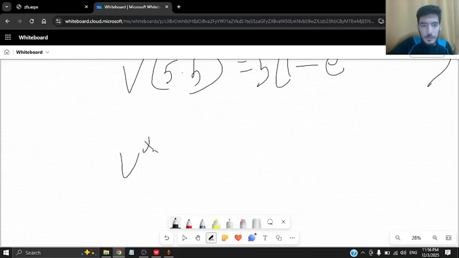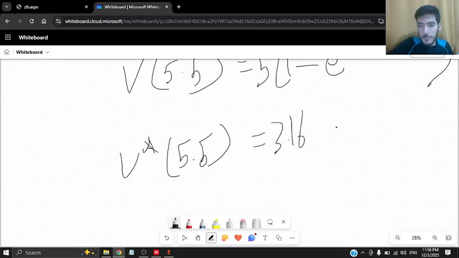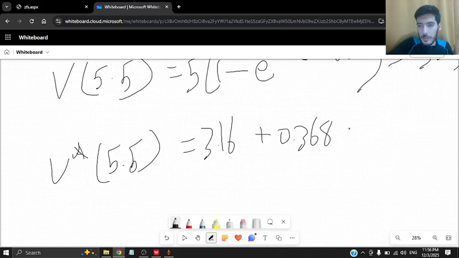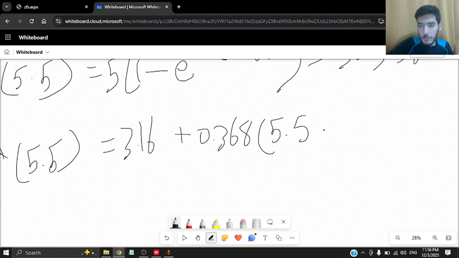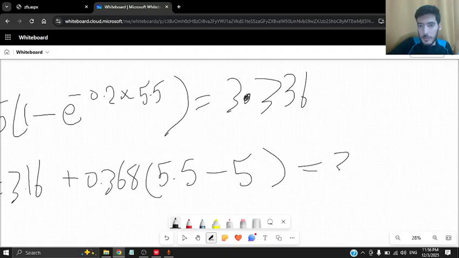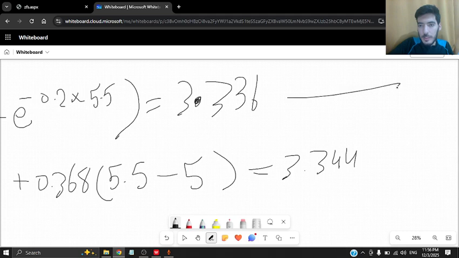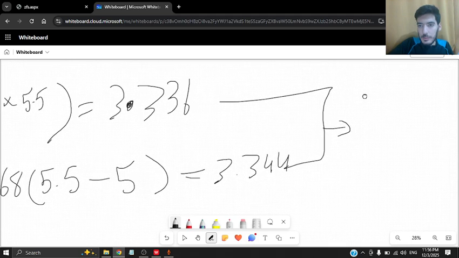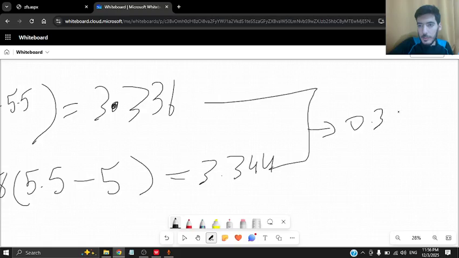For the linearized version, for 5.5, it will be equal to 3.16 plus 0.368 multiplied by 5.5 minus 5, and it will be equal to 3.344. So here the relative error is approximately 0.3%.